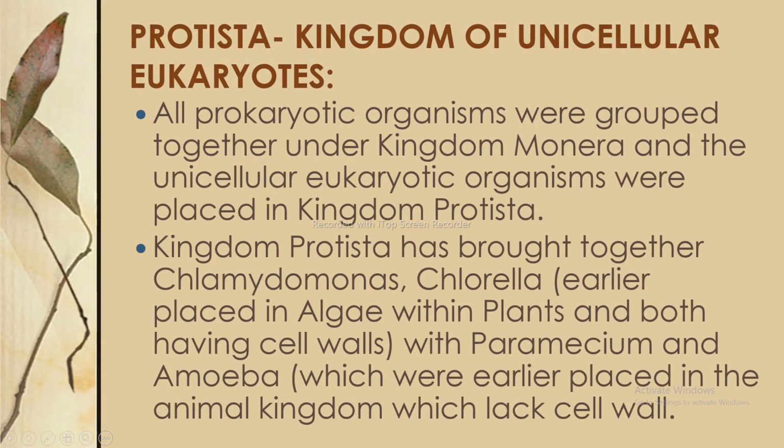Next is the kingdom Protista, the kingdom of the unicellular eukaryotes. All prokaryotic organisms were grouped together under kingdom Monera, and the unicellular eukaryotic organisms were placed in kingdom Protista. Kingdom Protista has brought together Chlamydomonas and Chlorella, which were earlier placed in algae within plants, both having cell walls, with Paramecium and Amoeba, which were earlier placed in the kingdom Animalia and lacked a cell wall.